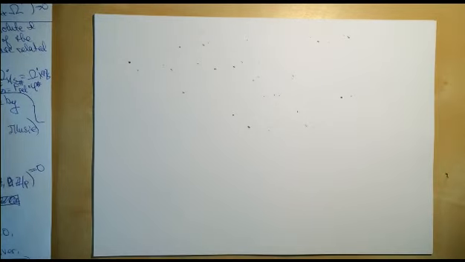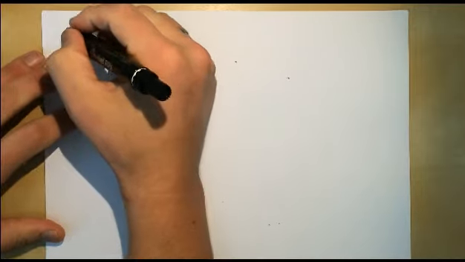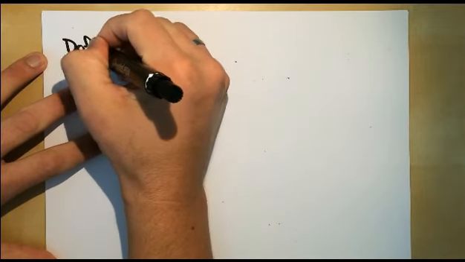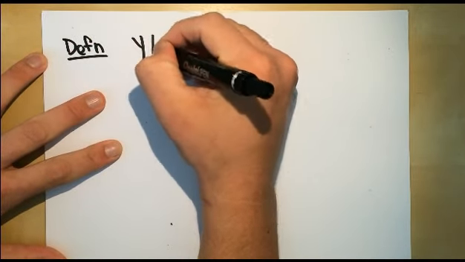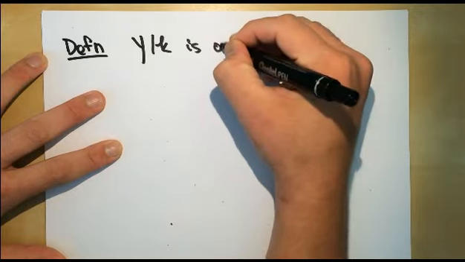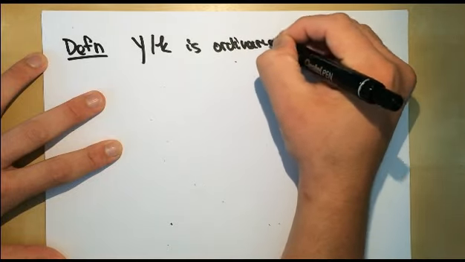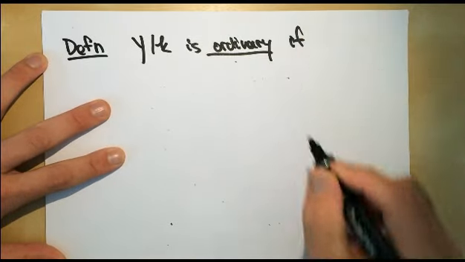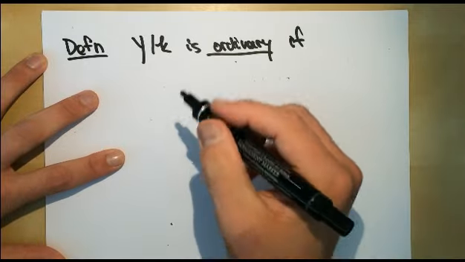All right, and so I can define a notion of ordinarity. So let me give a definition. Y is ordinary if we have vanishing of certain cohomology.